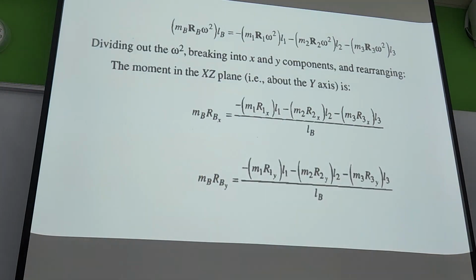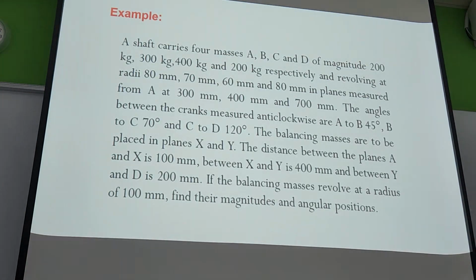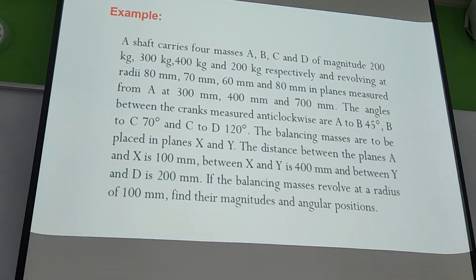Okay, so you can understand this by doing the calculations you can see here. So this example says a shaft carries 4 masses A, B, C and D. The magnitudes of the masses are given. So 200, 300, 400 and 200. And revolving at radii of, so this is R1, R2, R3, R4 given.